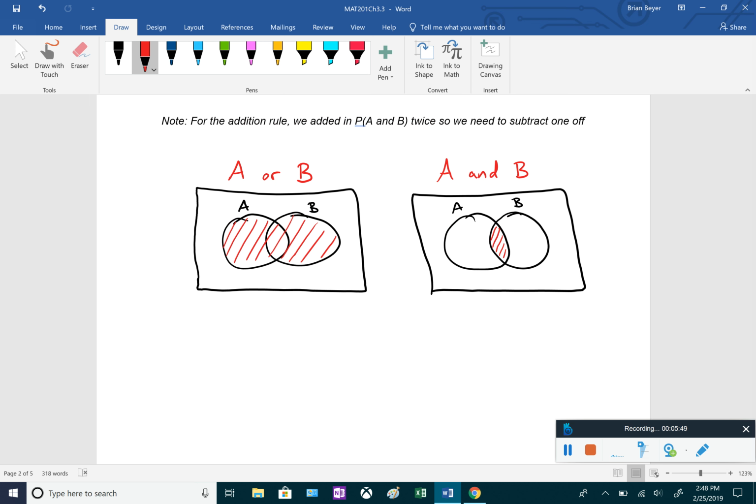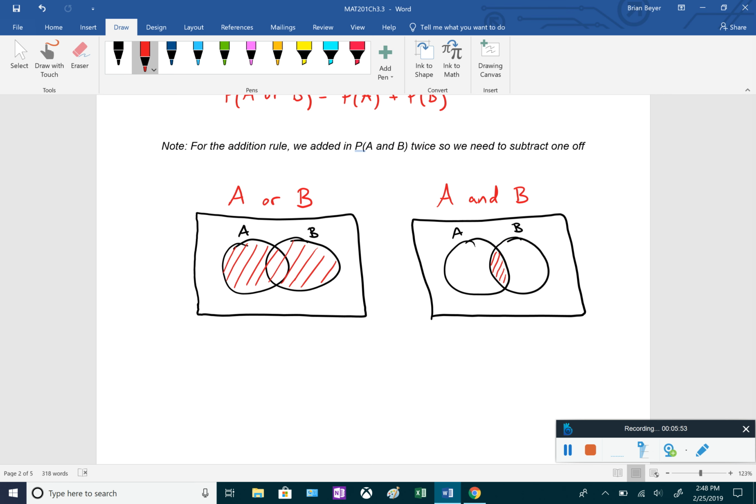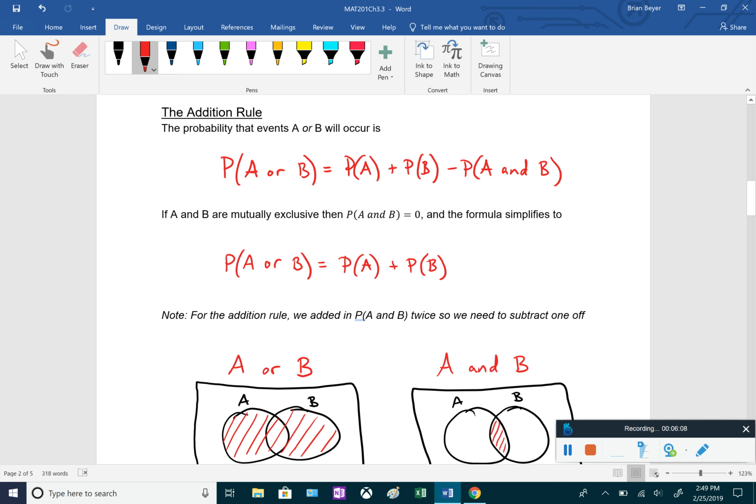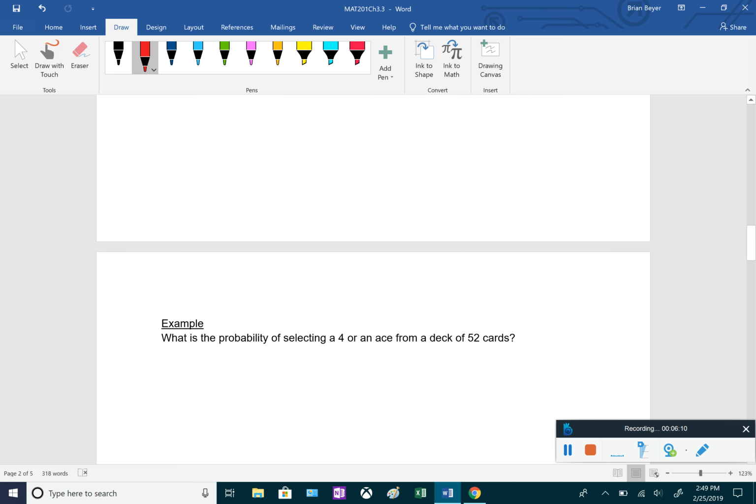So we need to subtract one of those off because we added it in twice. That's why in the formula it's the probability of A plus the probability of B minus the probability of A and B. We're subtracting one of those overlaps because we added it in with both the probability of A and the probability of B. Okay, so that is the addition rule. Let's do some examples.